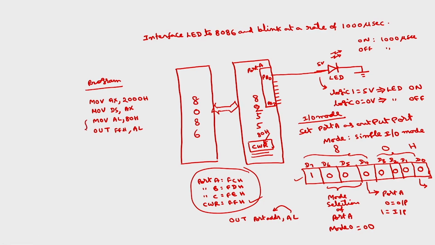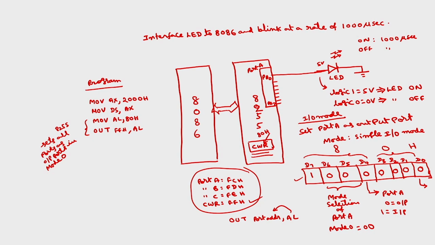With these 2 instructions, the 8255 sets all the ports as output ports in mode 0. But I have used only port A. Anyhow, port A also will be used as an output port.